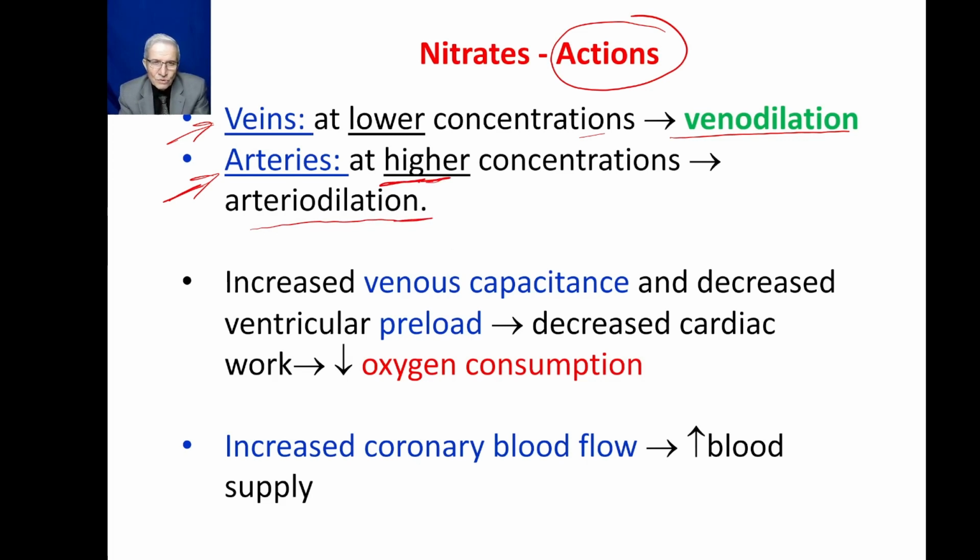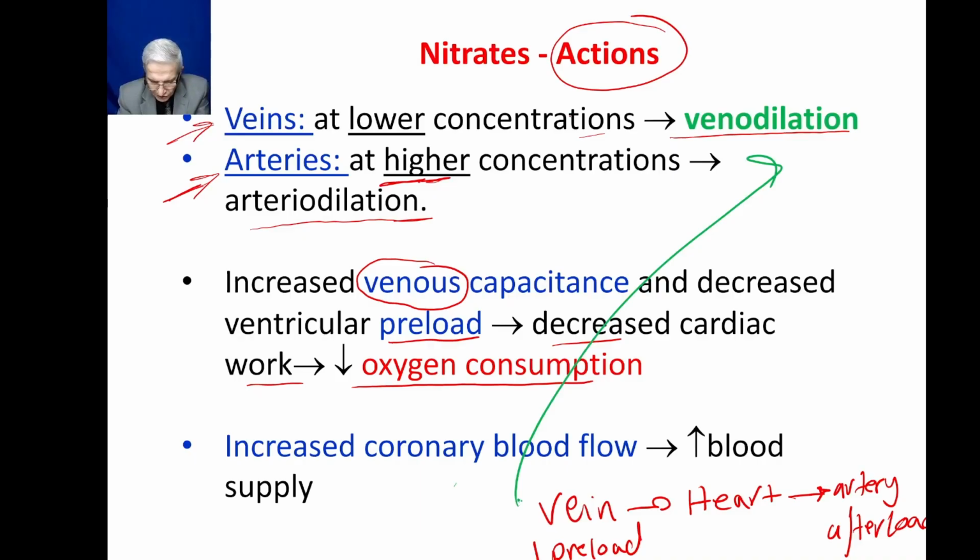So we have two types of dilation. We can say nitrate at lower doses causes venodilation, and at higher doses causes both arterial dilation and venodilation. By increasing venous capacitance, this will lead to decreased preload and decreased cardiac output, and this will lead to decreased oxygen demand.